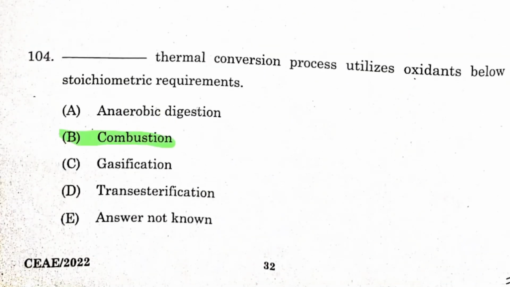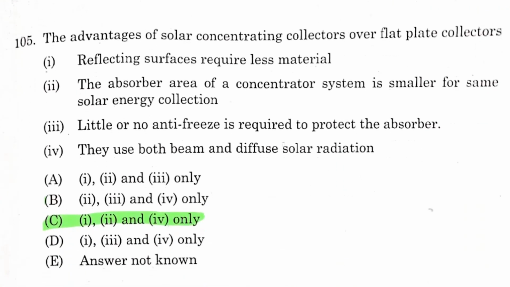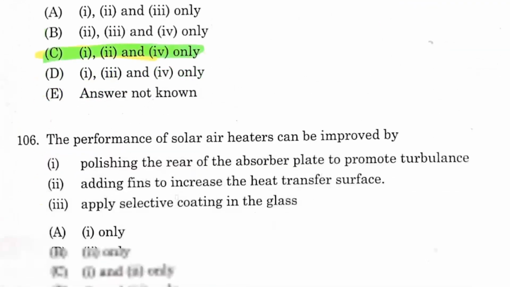Thermal conversion process that utilizes oxidants below its stoichiometric requirements is combustion. Next one is 105. Advantage of solar concentrating collectors over flat plate collectors. So here first, second and fourth statements are correct. Option number C is correct here.